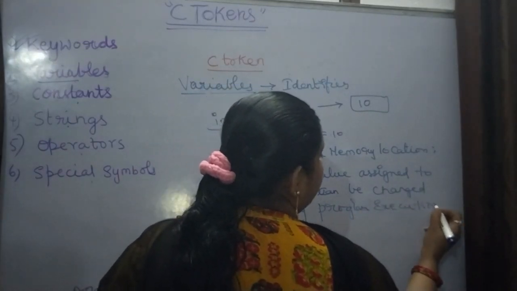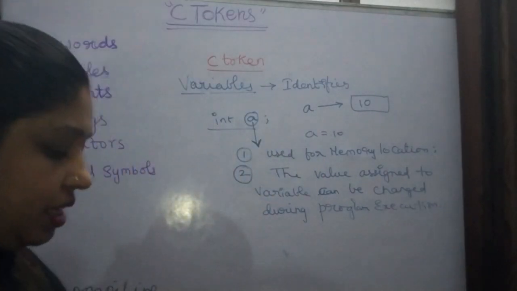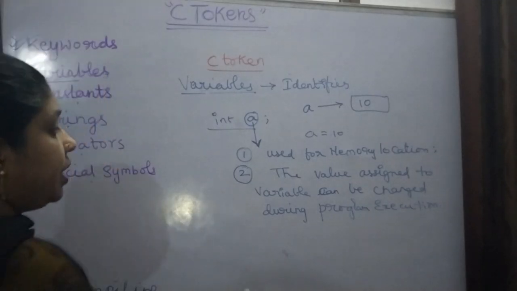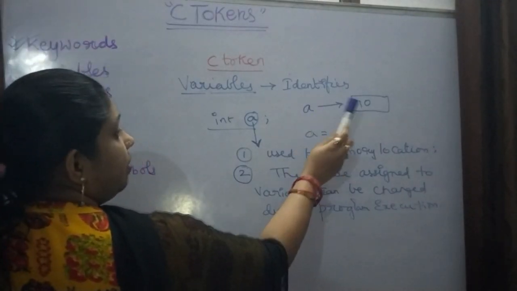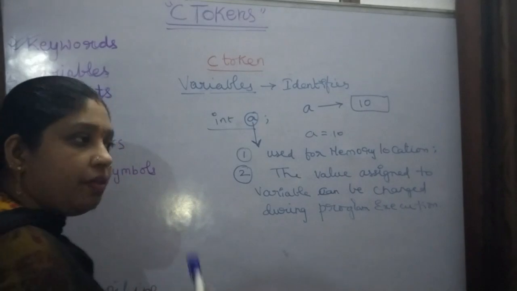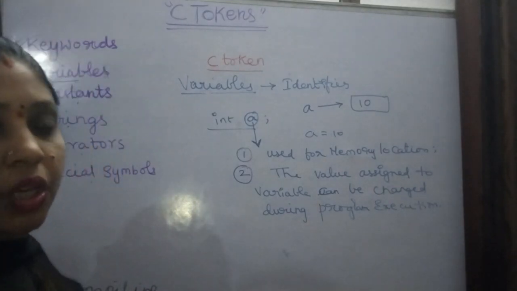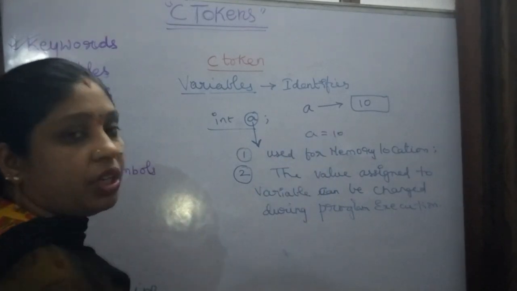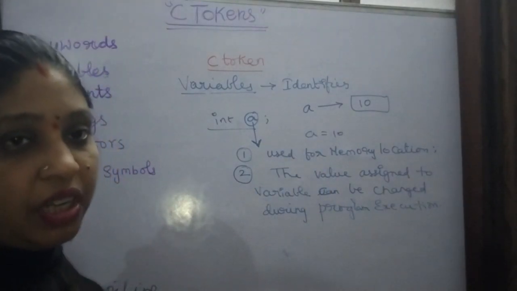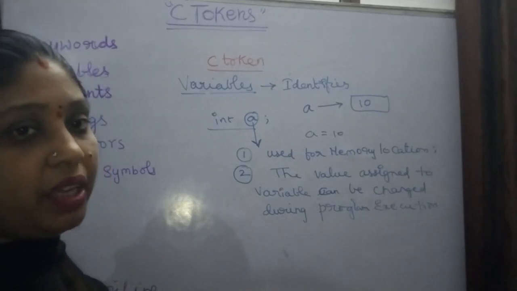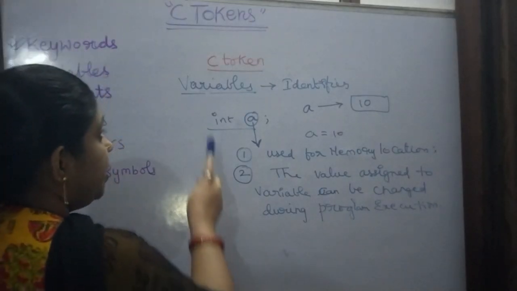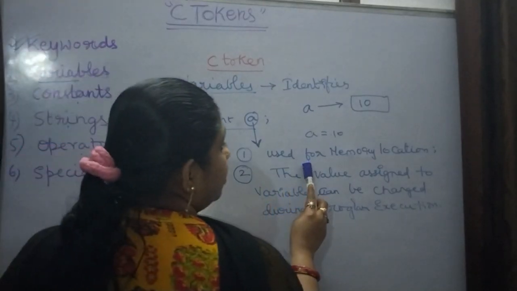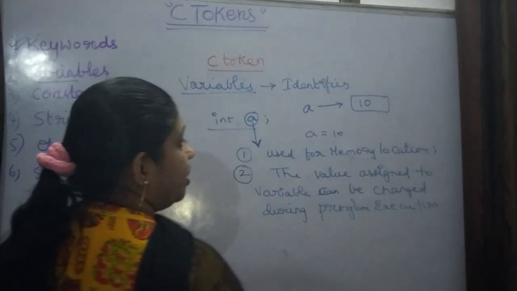That means when the program is getting executed, that particular value can be changed. Here I have assigned 10. In the middle of the program, you can even change this value. The 10 can be changed to 20 or 30, if you set the program like that. So a variable's value can be changed, and it will use the memory location.